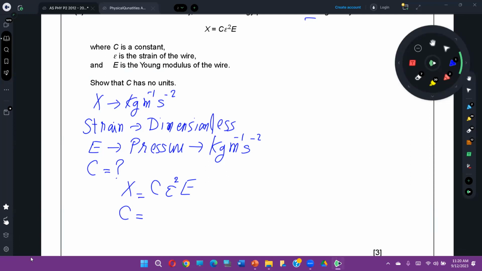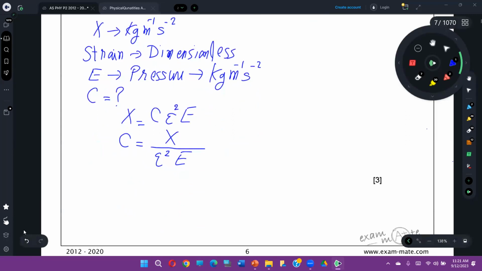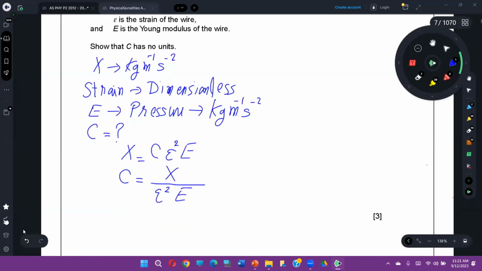C will be equal to X upon sigma square into E. Capital E is Young modulus, and this tilted E, which is actually sigma, is called the strain, and it has no unit. Young modulus has the same unit as pressure.